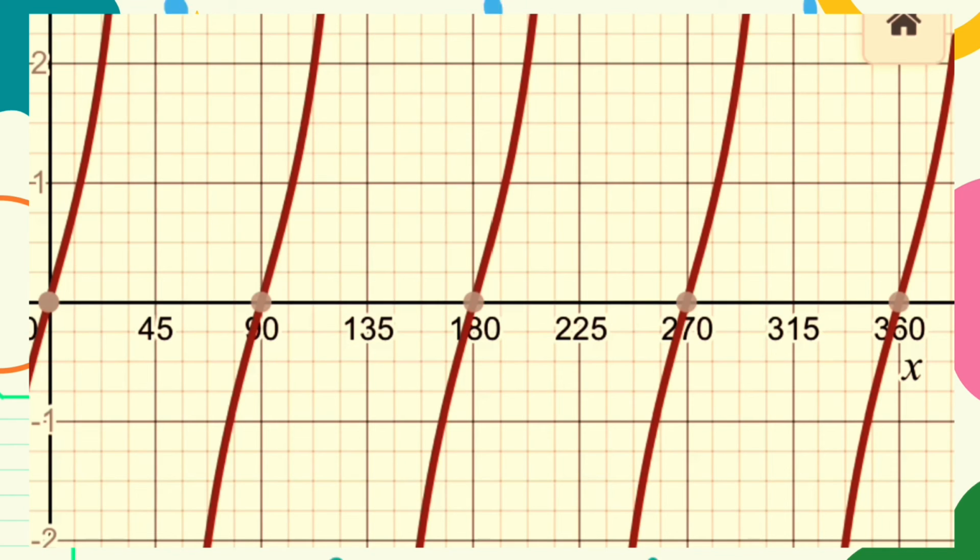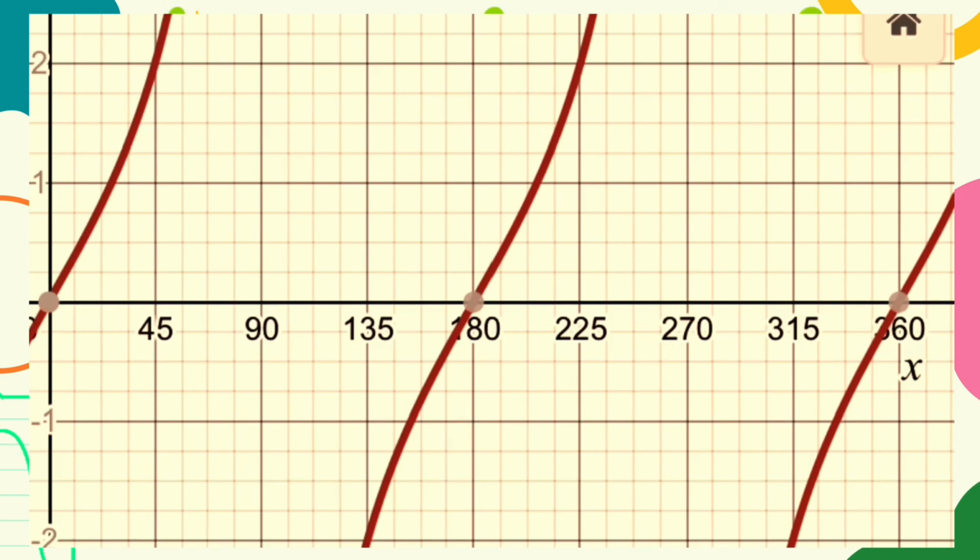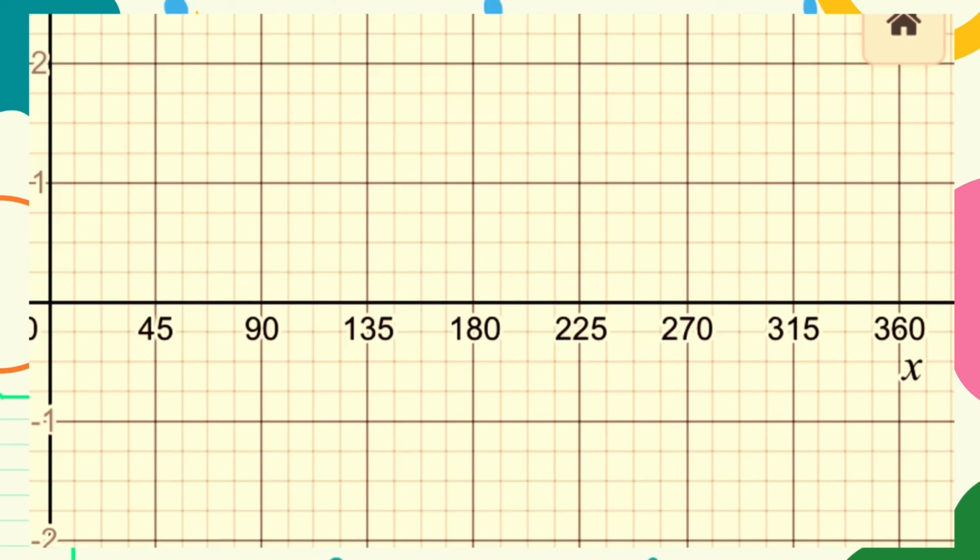Okay, so if I change to tangent x, the frequency is 1, the period is 360, right? Okay, there is no amplitude for the tangent graph. We will have an undefined value for 90, whereby tangent 90 we don't have a value. If I type 90 here, you will see there is no answer, undefined.